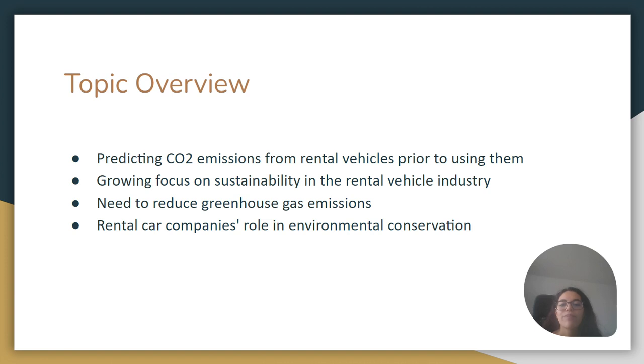Okay, so the main objective of our project is to make predictions of CO2 emissions prior to using the vehicle. I'll give you an example.